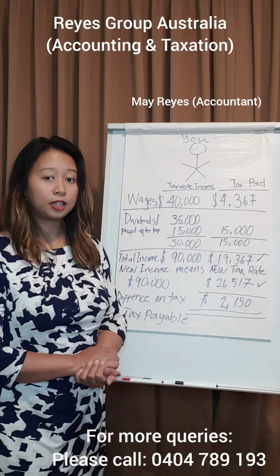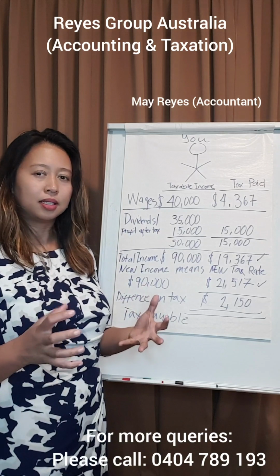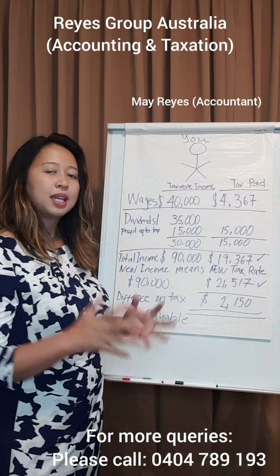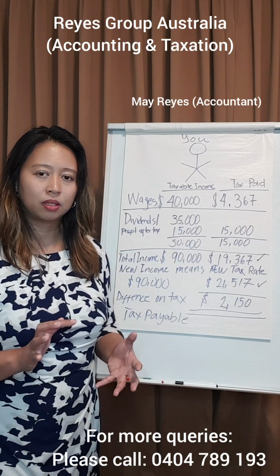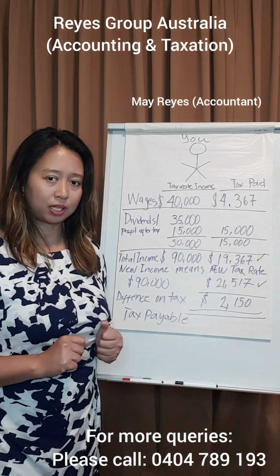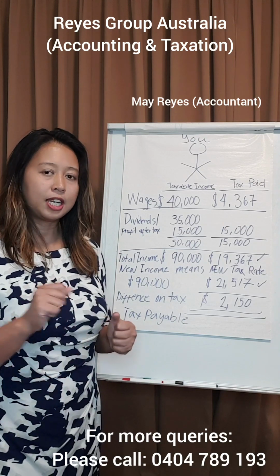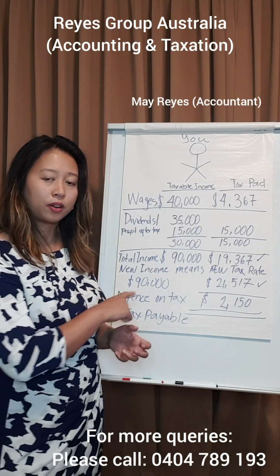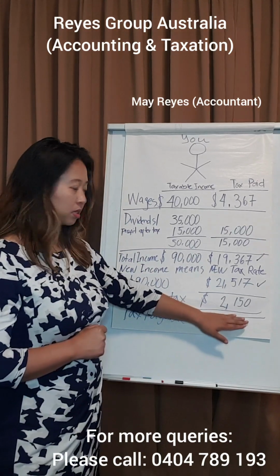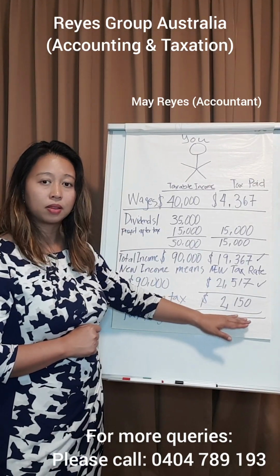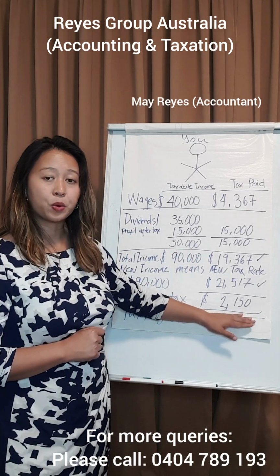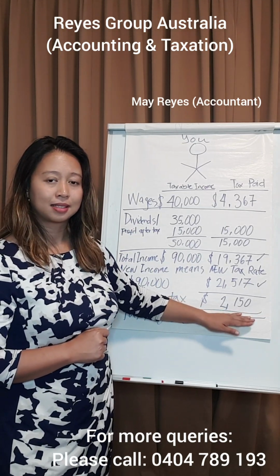As you can see in this scenario, it's not advisable for the director of the company to get that full amount of dividends from his company for the period of financial year 2016, because this is what's going to happen to him: he will pay more tax.